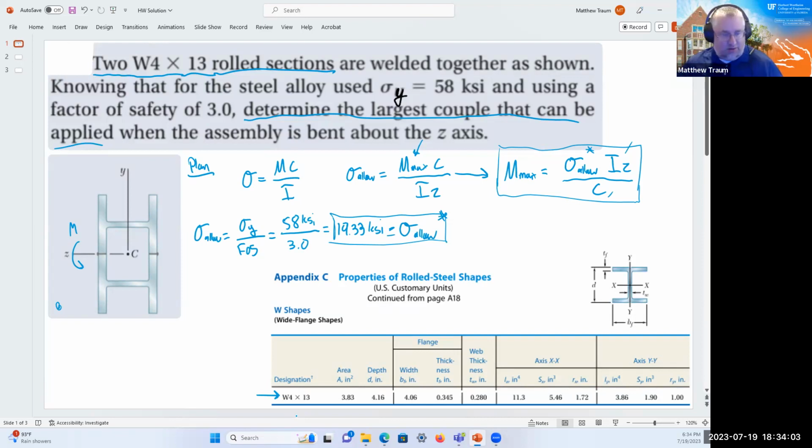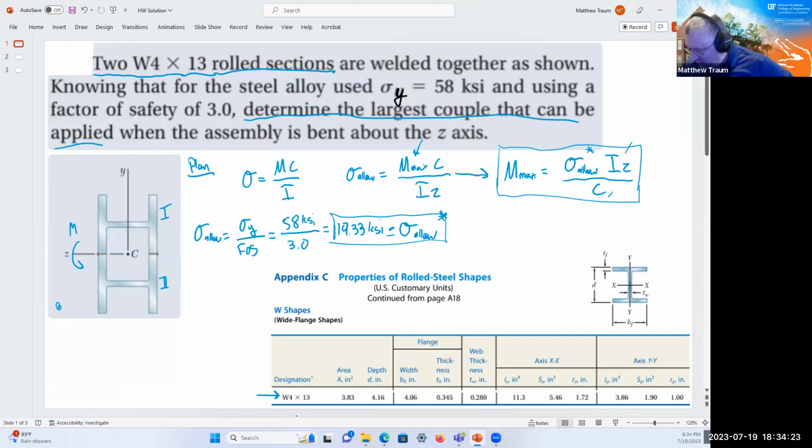Now, since they're welded together, there are two little weirdnesses here that I need to manage. The first is that I've got two of these, welded together, so it's not a conventional I-beam shape. The second is that this is basically rotated 90 degrees.